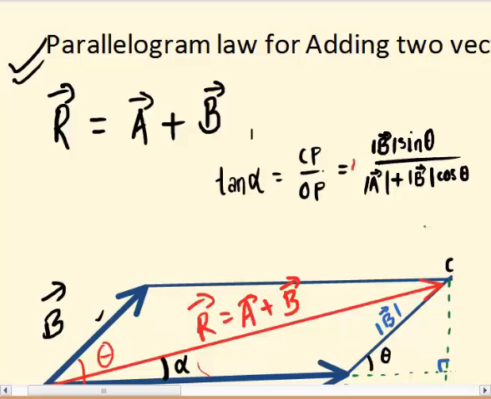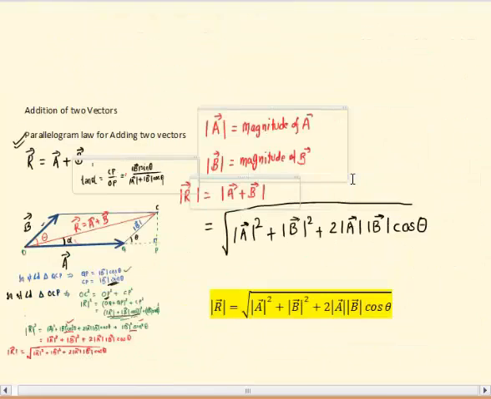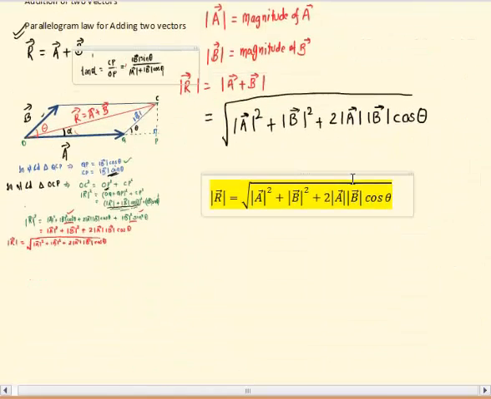So we can say that tan alpha is equal to B sin theta divided by A plus B cos theta, where A and B represent the magnitudes of A and B. And this is the angle made by the resultant vector with A vector. That also you have to remember. So let's summarize this result with our standard formula here.